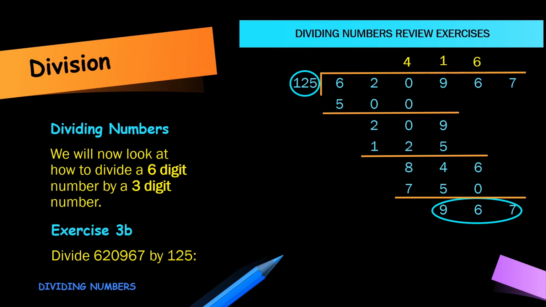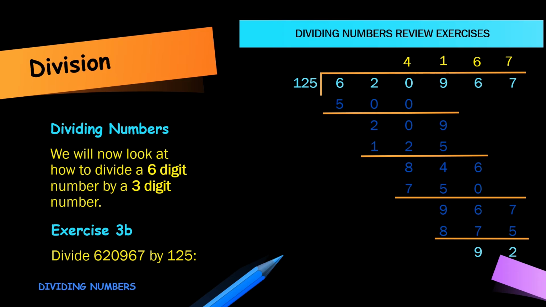Position the 7 here. 7 times 125 gives 875, then subtract to give 92, and so dividing 620,967 by 125 gives 4,167, remainder 92. So we have that the quotient is equal to 4,167, and we have that the remainder is equal to 92.